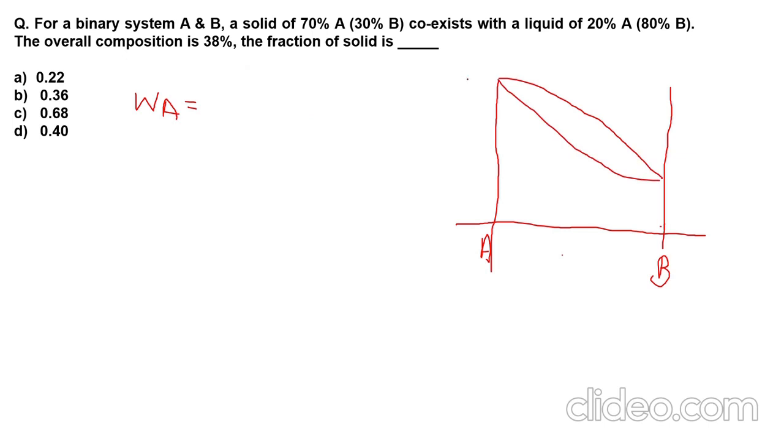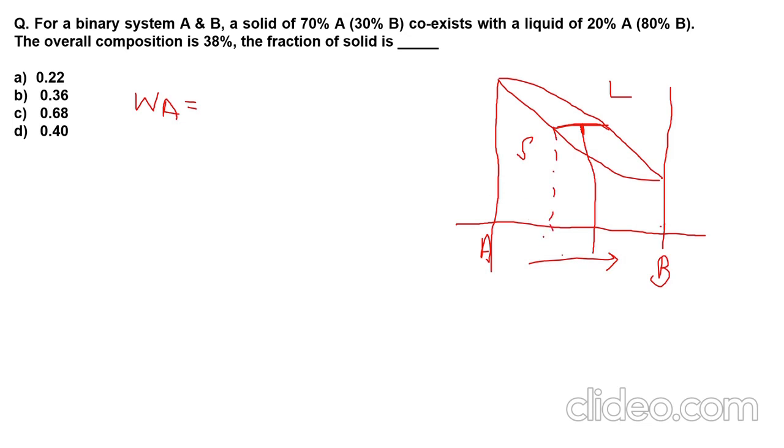We have this composition here, and then we have two points, one liquid and one solid, so the solid has 70% A. We are drawing the diagram in terms of B as an alloy in A, B being a percentage in A. So this is 70% A and 30% B. We will write it in terms of B because B is a solute in A in our diagram.